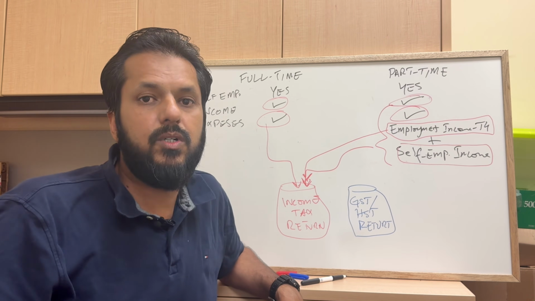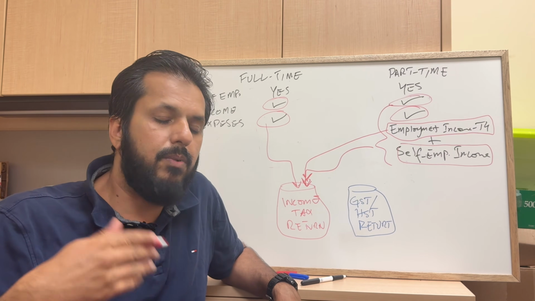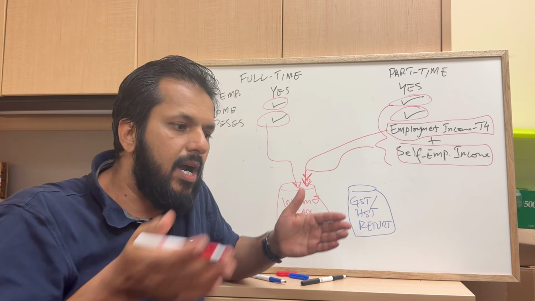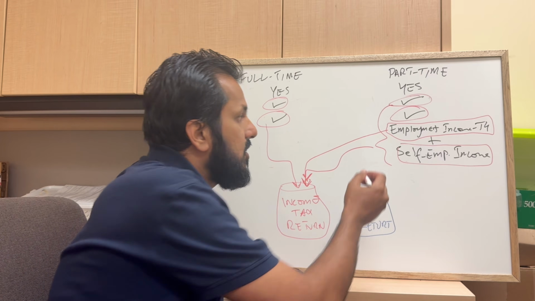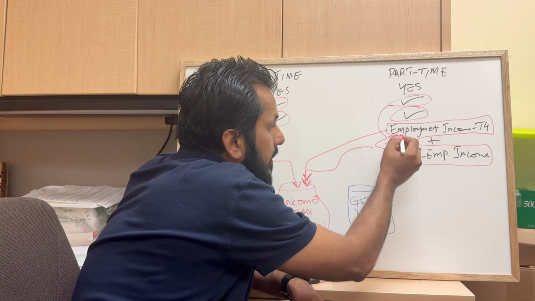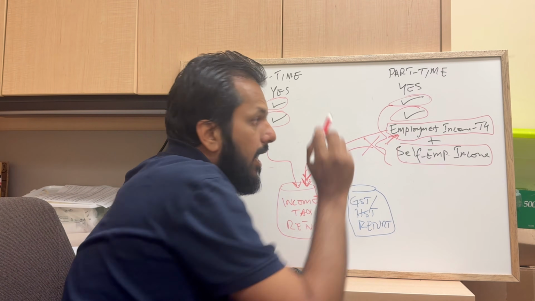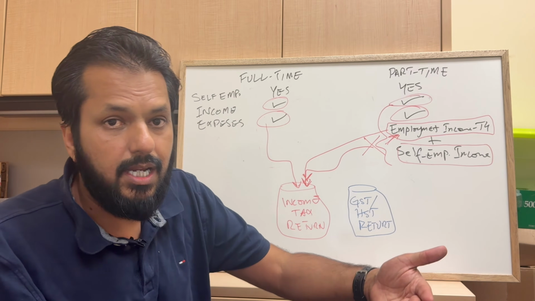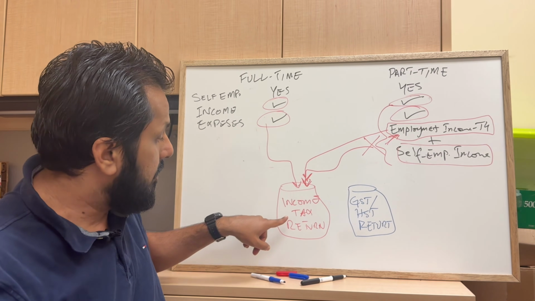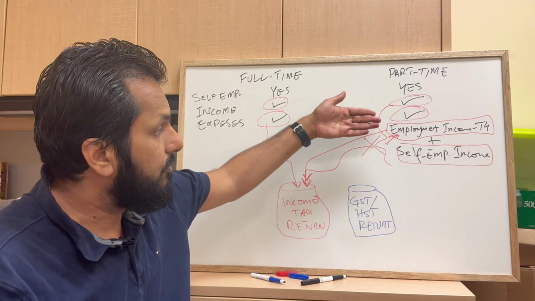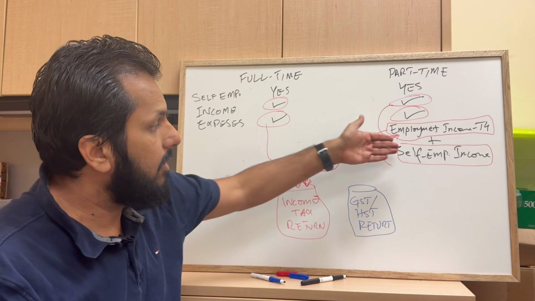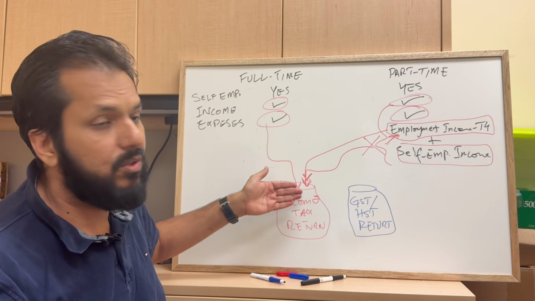This is very important. A lot of people who are part-timers would file their income tax return with just the employment income, which is totally wrong. Okay, so as a part-timer, your income tax return will have information from your employment and also self-employment, which is Uber related.